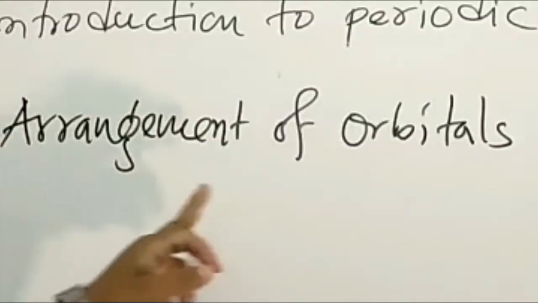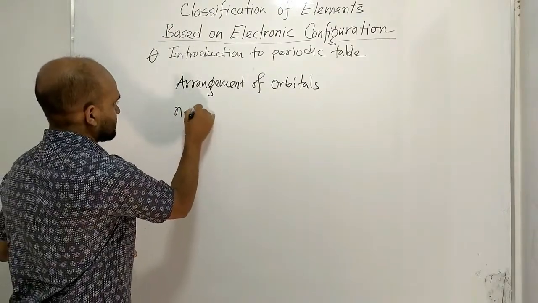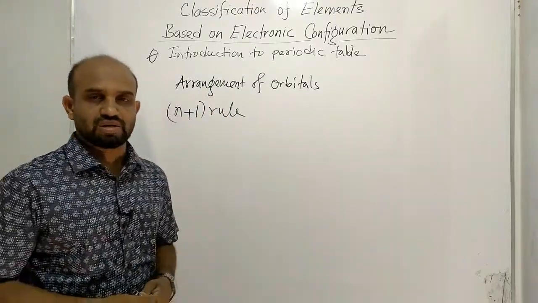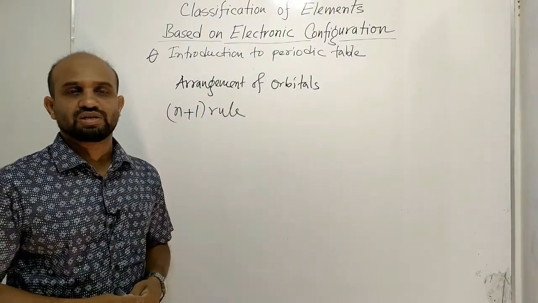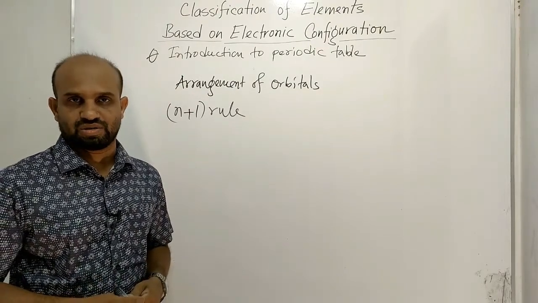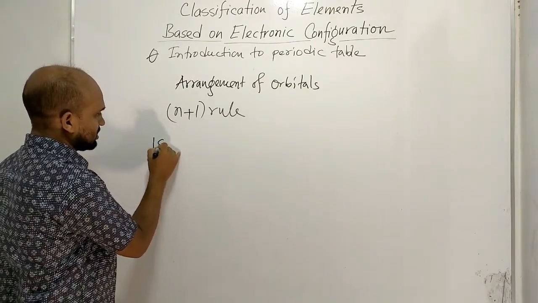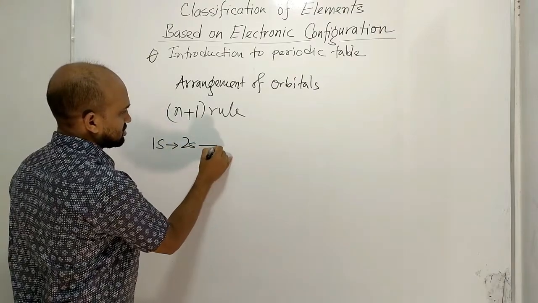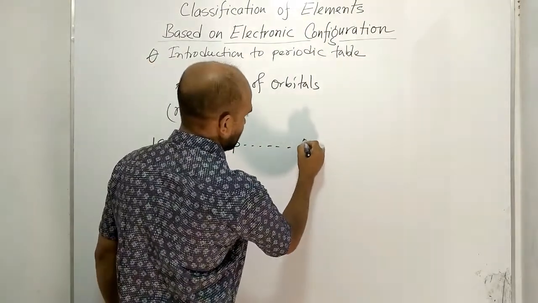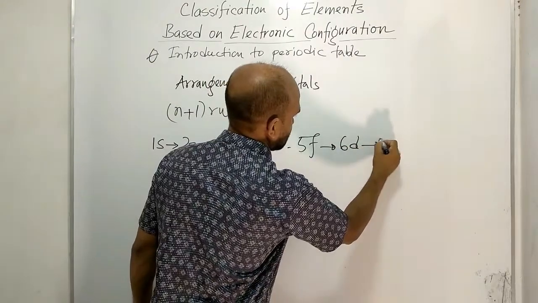Now, arrangement of orbitals. Following the n plus l rule, all the elements are arranged according to their energy. Lowest energy orbital is taken first and then higher energy orbitals. Accordingly, the lowest energy orbital is 1s, then 2s, then 2p, and we will get here 5f, 6d, 7p.